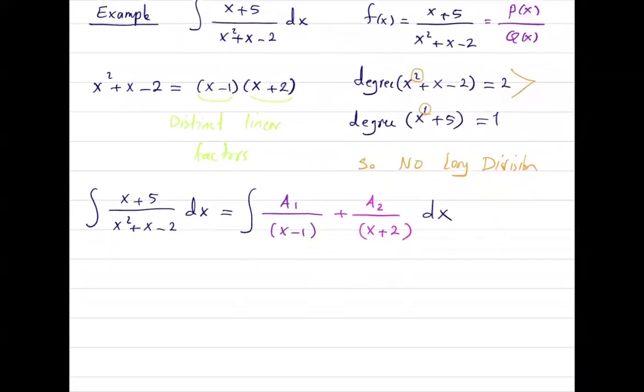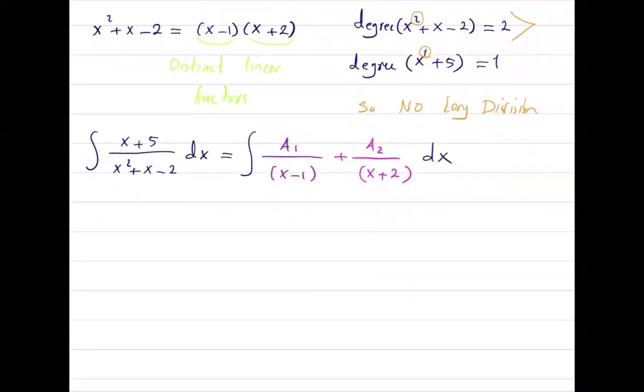Let me quickly show you how to find a1 and a2, and then we move on and take the integral using ln. So a1 multiplied by x plus 2 plus a2 times x minus 1 must be equal to x plus 5. The numerators must be equal to each other.